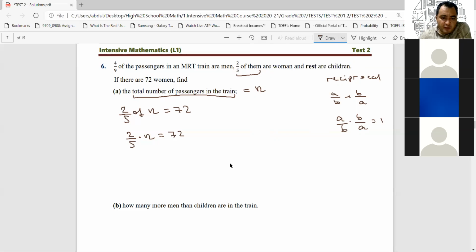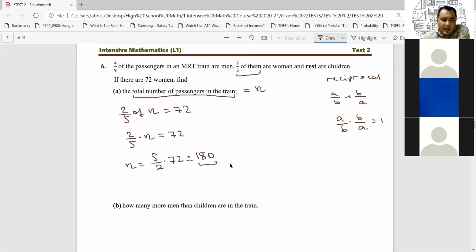So here I should multiply both sides by 5/2, right? So n will be equal to 5/2 times 72, which is equal to 72/2, 36. 5 times 36, it is 180. That means that in the train there are 180 passengers.